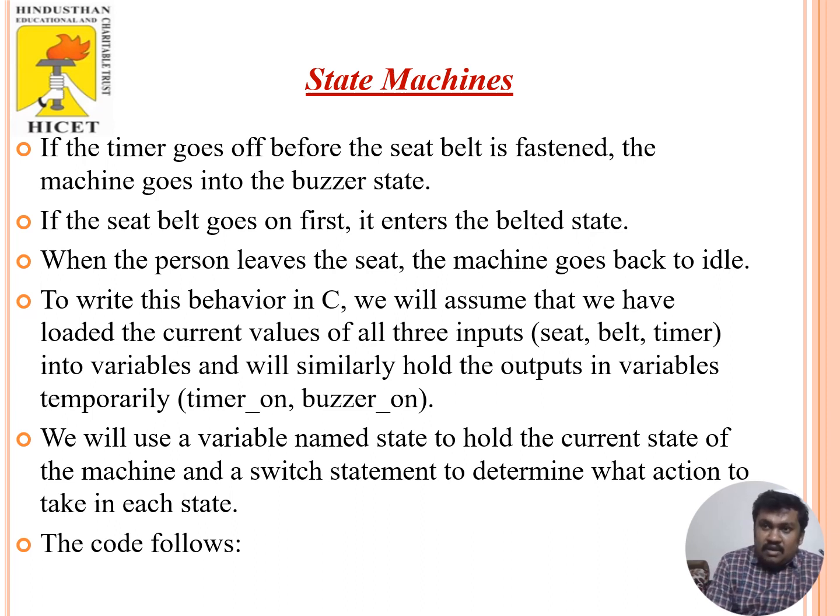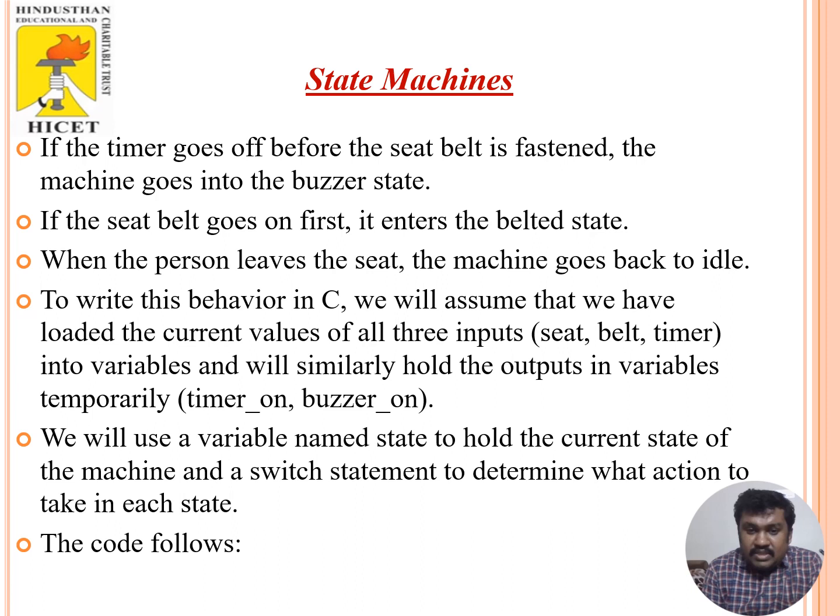That is, the person is not yet seated, so automatically the timer will get on, so the buzzer will get operated. Because once you start opening the door, you must settle down fast. Then if not, the buzzer will turn on. Then if the seat belt goes on first, it enters the belted state. So all this we have discussed in the state machine diagram.